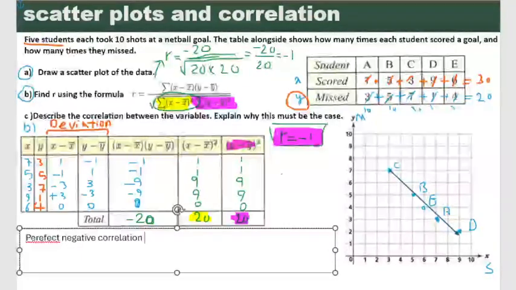is between the variables, which is for any 10 shots, scored and missed. What's my variable? I open parentheses, which says scored and missed.